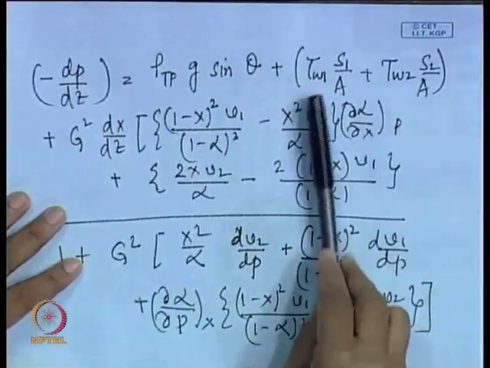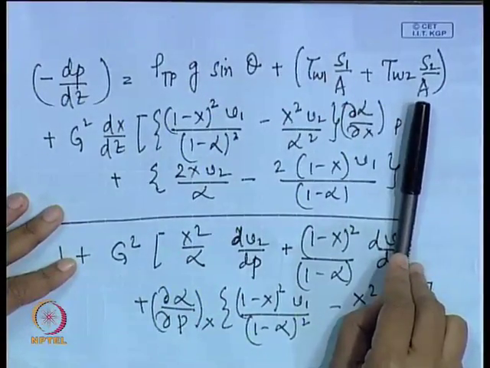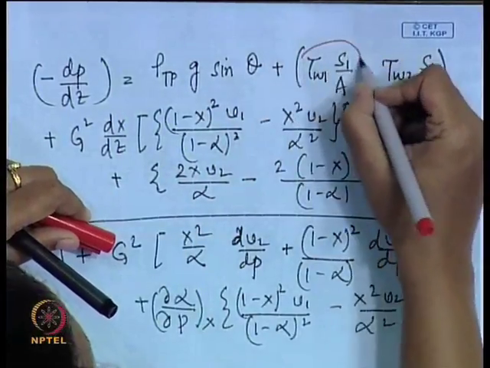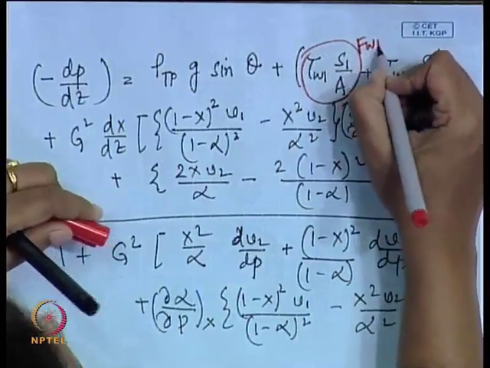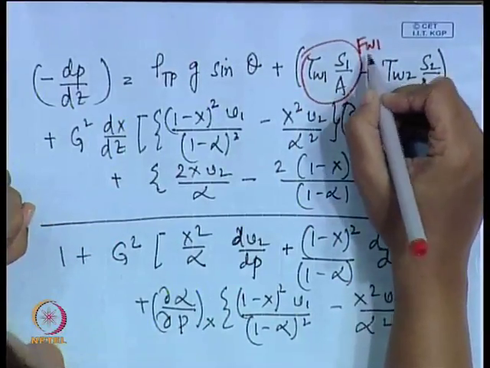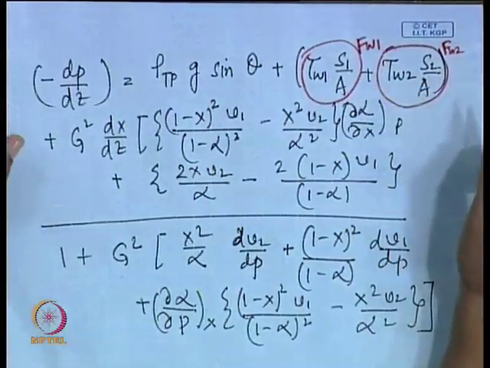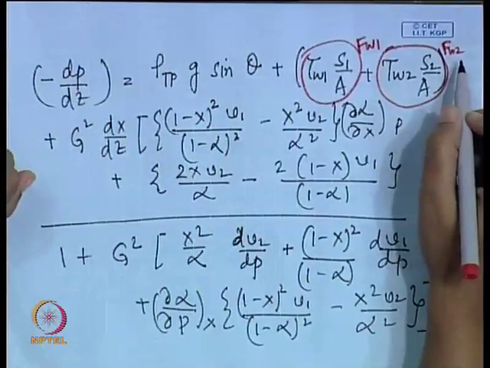But finding out mu TP, how the two phase viscosity varies with the composition, was not very well known to us. So, there also we faced a problem. Now, in this case also we find that the frictional pressure gradient is an additional problem. Basically, it can be written down as something like Fw1, which is the interaction of phase 1 with the wall, and Fw2, which is the interaction of phase 2 with the wall.